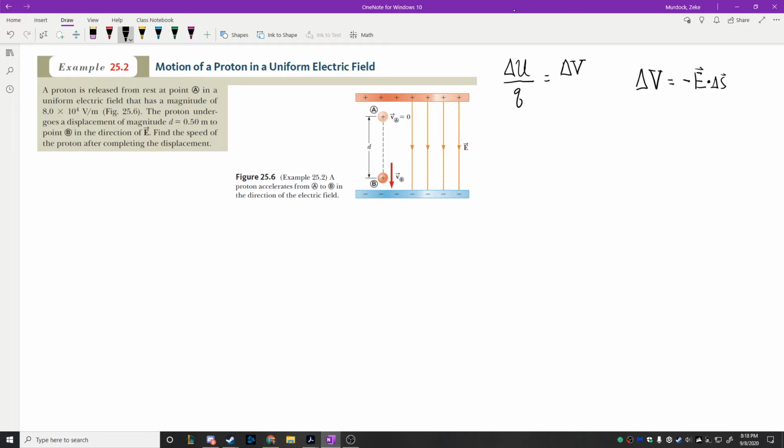The particle moves from A to B, so we can solve for this if we want to. We can figure out what delta V is.